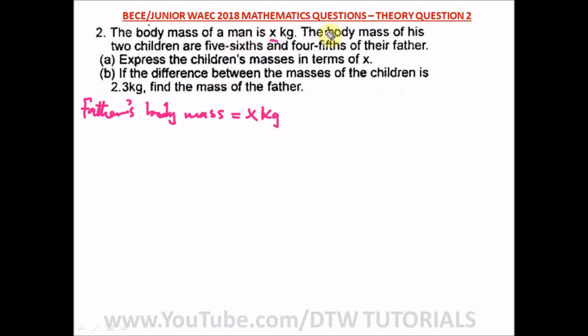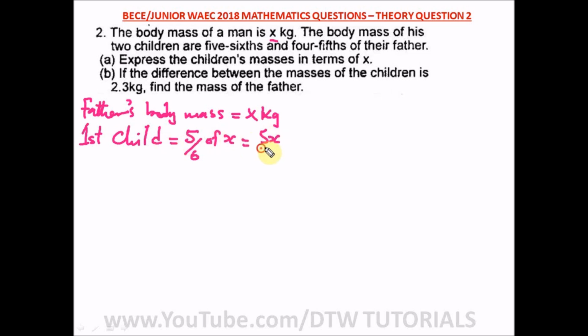All right, and it says the body mass of his two children are 5/6 and 4/5 of their father's. So let's say first child is equal to 5/6 of their father's, and their father is x. So it will be 5/6 of x, which is the same as 5x/6 kg.